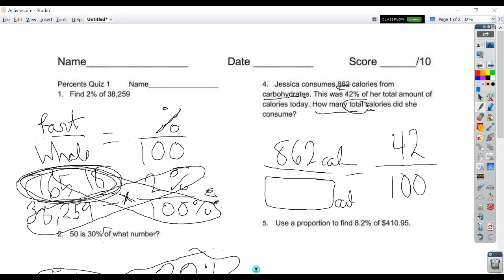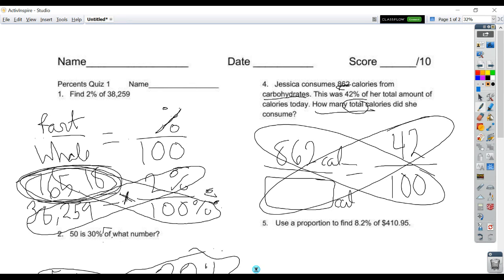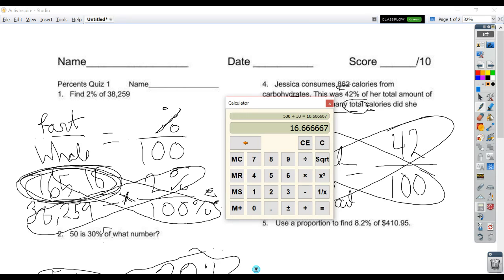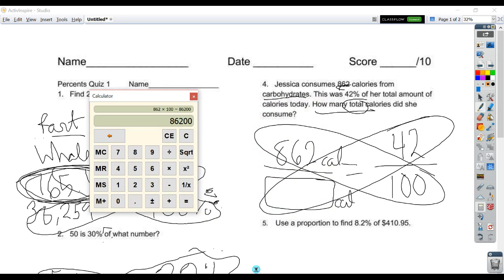So when we solve this, again, we can cross multiply. 862 times 100 is equal to 86,200. I don't really have space here, but if I did, I would go ahead and rewrite.